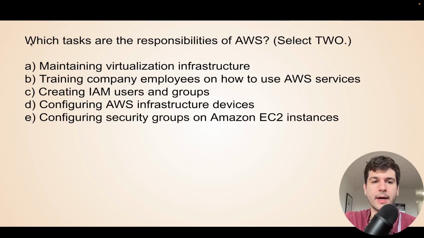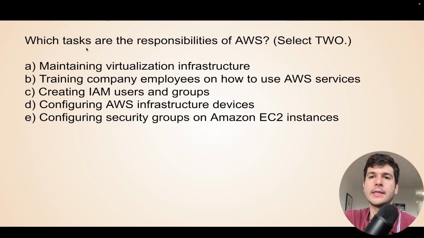So this one is about which tasks are the responsibility of AWS. This is related to the shared responsibility model, which you'll definitely get some sort of question related to, what AWS is responsible for and what we're responsible for as customers.